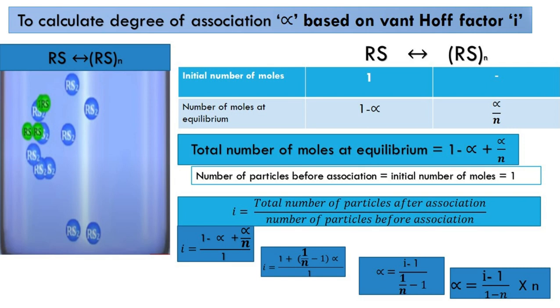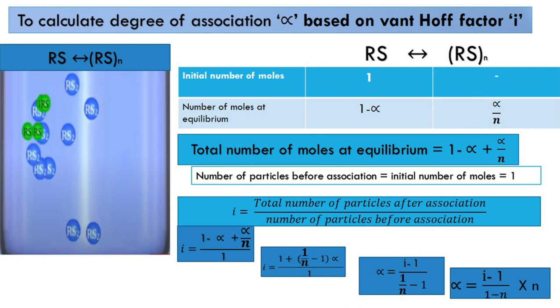Now let's calculate the degree of association alpha. In a closed container, let us take 1 mole of reactant RS. Let us assume after some time the reactant RS is associated to form the product RS to the subscript n, and the system has reached equilibrium.